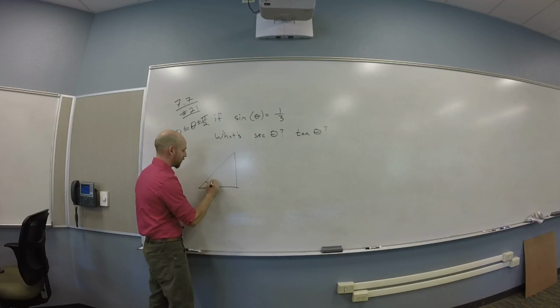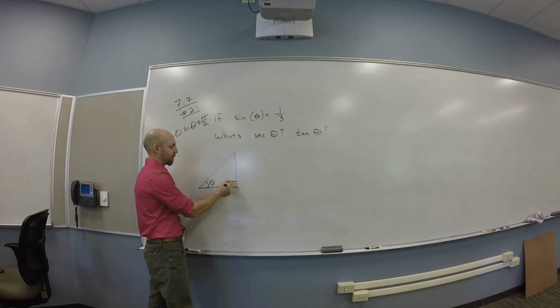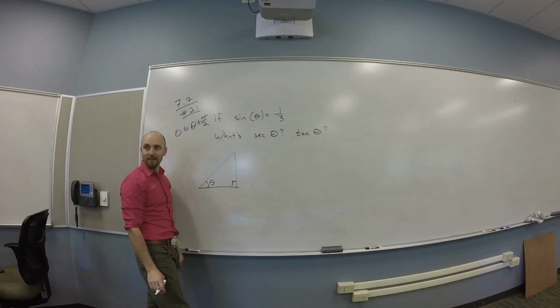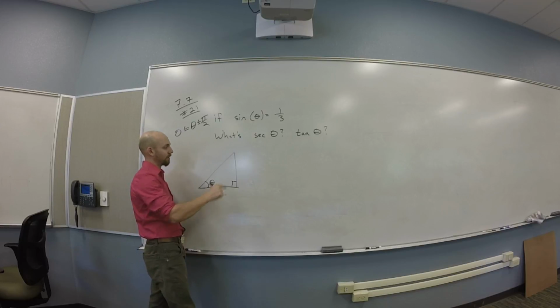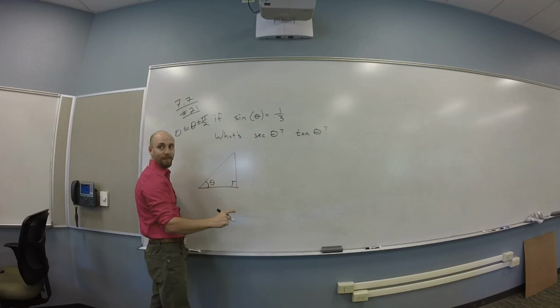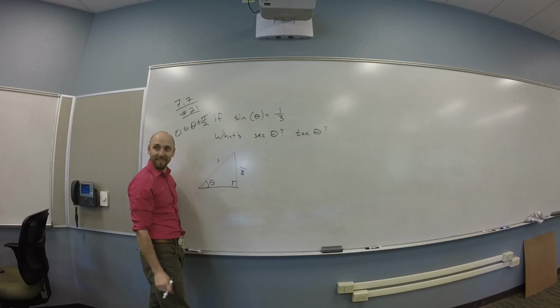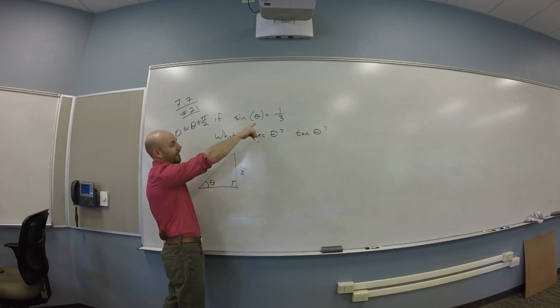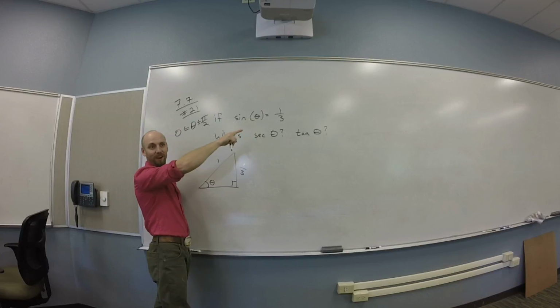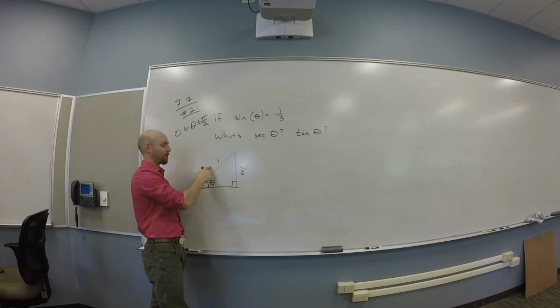Okay, so here's a triangle. Here's my angle theta. I'm going to assume this is right. That side's 1/3, the hypotenuse is 1. Wait, this says 1/3? Okay, you want to do unit circle. Okay, sure. What were you doing? I personally would have done sine as opposite over hypotenuse, right? So I would have put a 1 here and a 3 there.